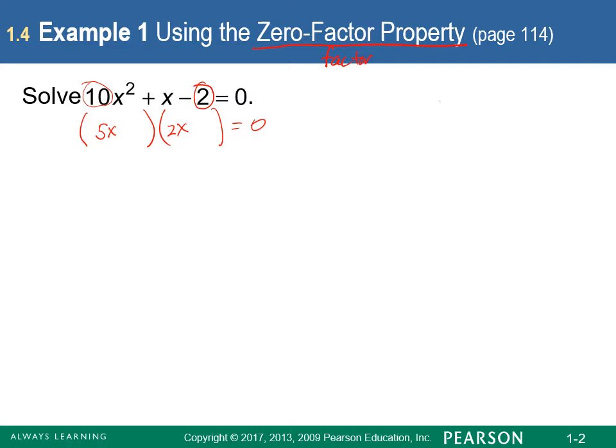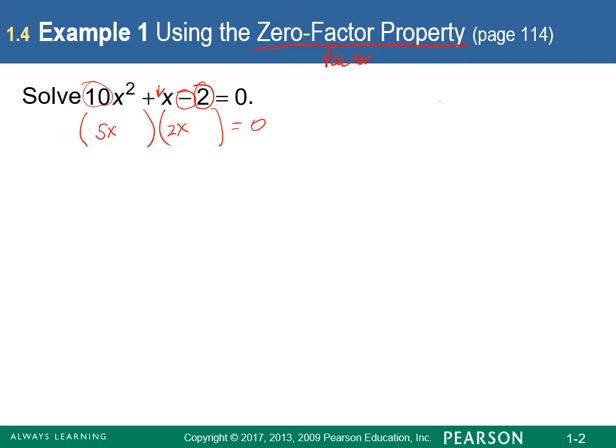Now I can put the 2 in the first spot here and the 1 over there, or vice versa, and it matters because of the two different numbers on the x's. So I want the combination that has a difference of 1. In other words, when you subtract, you get a 1.